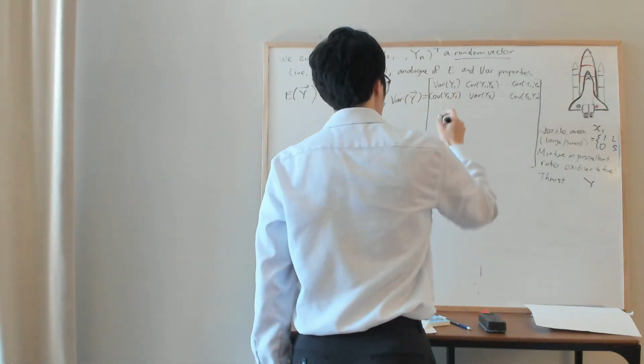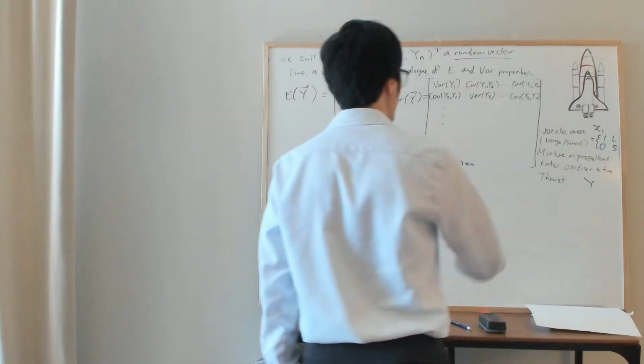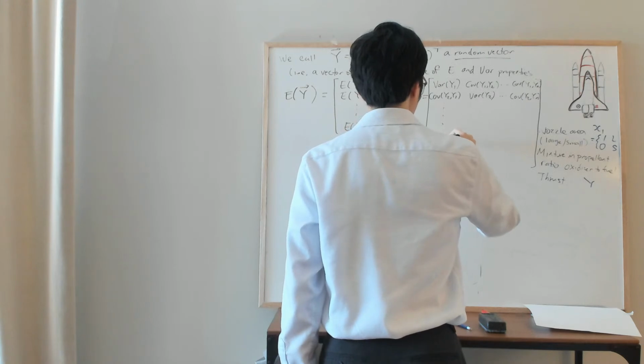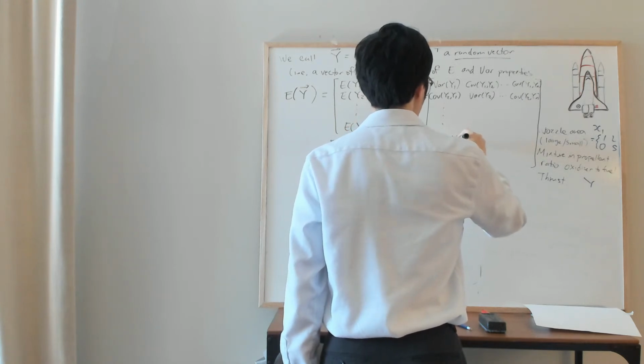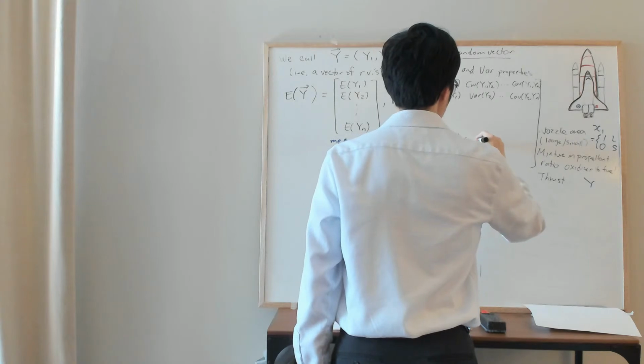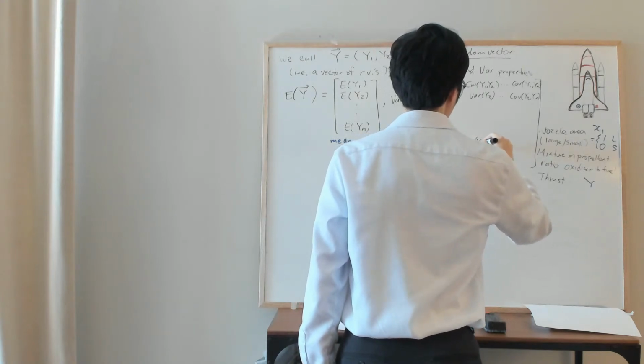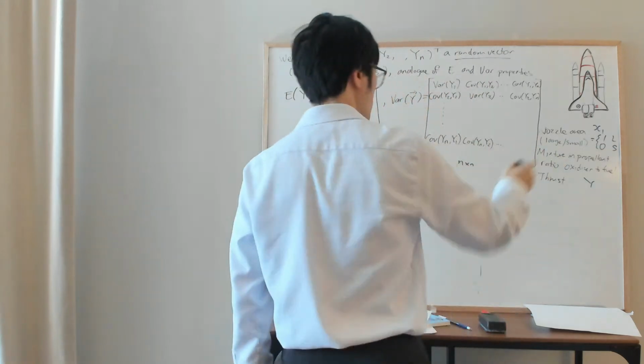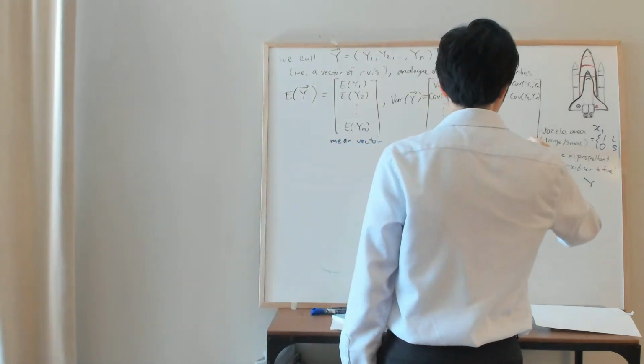We can fill in the rest of it the same way. The last row will be covariance yn with y1, then covariance yn with y2, and so on. The last one, covariance yn with yn, is variance yn.